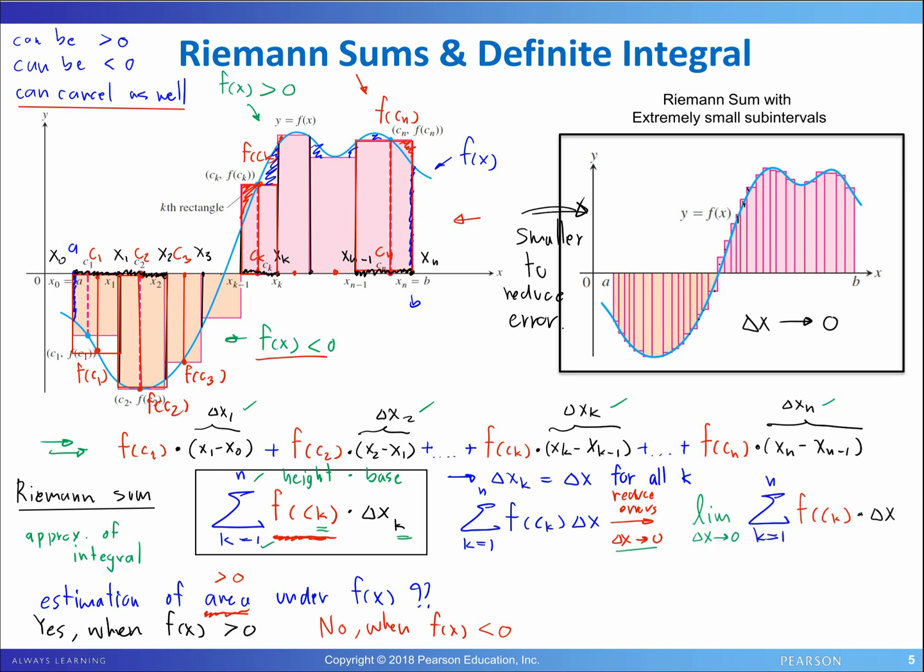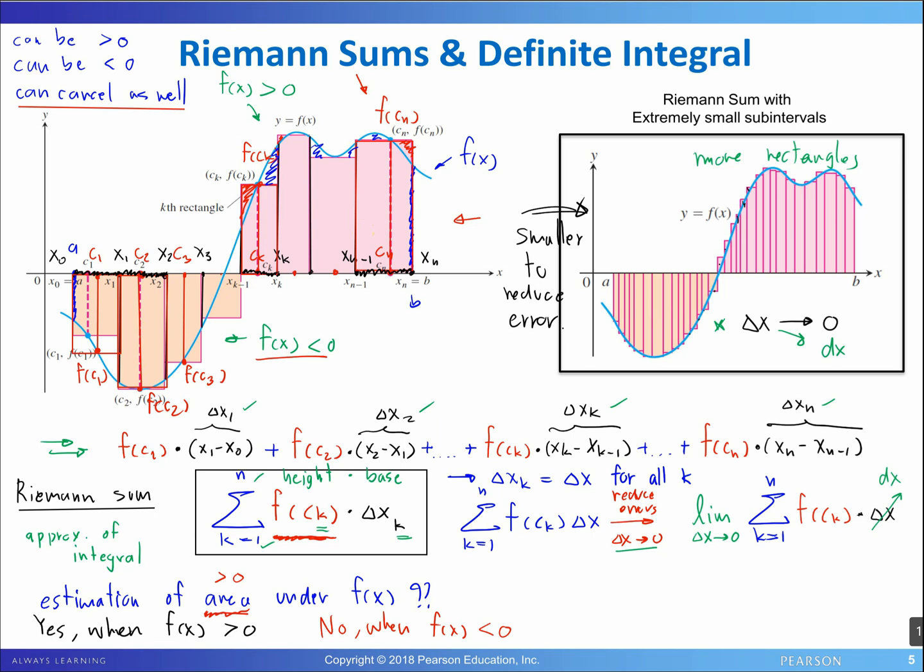So delta x here is going to be really small, approaching 0. And as you know, when delta x is really, really small, we call it differential x. So this is going to become dx. And the next thing that we need to know is that when delta x is really small, then we have so many pieces of the rectangles. As you can see here, more rectangles to consider.